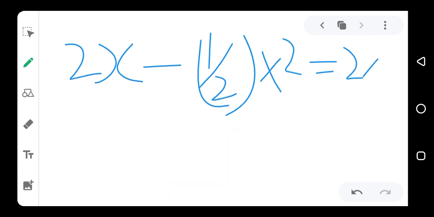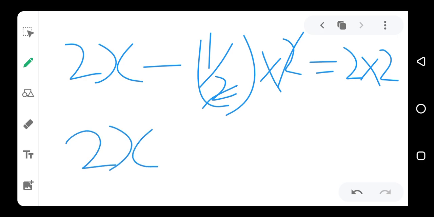Now here we have 2 up and 2 down, so it cancels itself, and only 1 remains. So we have 2x minus 1, which is 1 over 1, is equal to 2 times 2, which is 4.